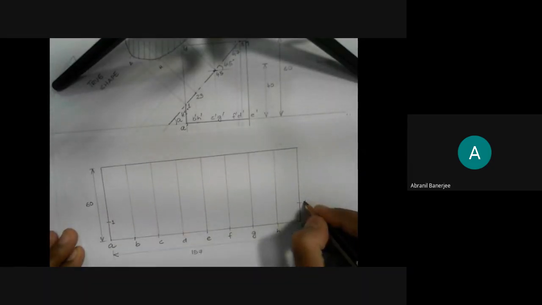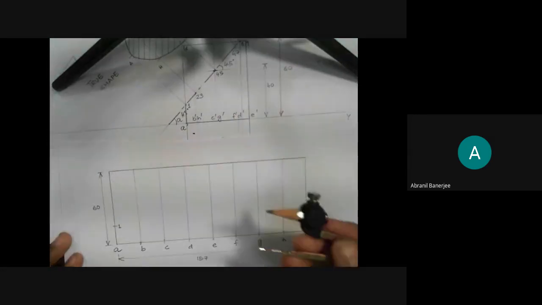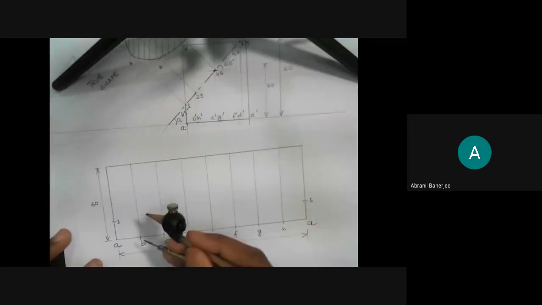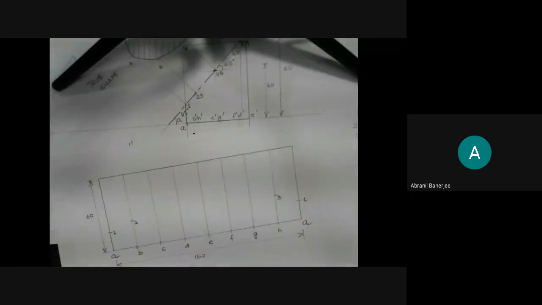Similarly, from B to 2 and H to 3 is the same distance. So B to 2 I'll mark, H to 3 I'll mark. Whenever you mark it, write the name then and there. Similarly, from C and G, I will mark 4 and 5.